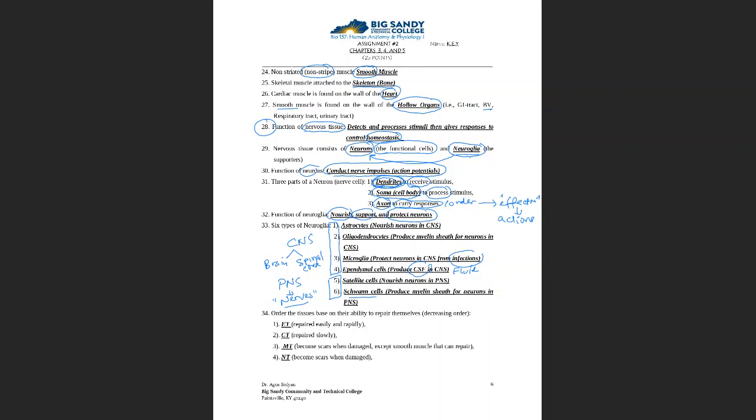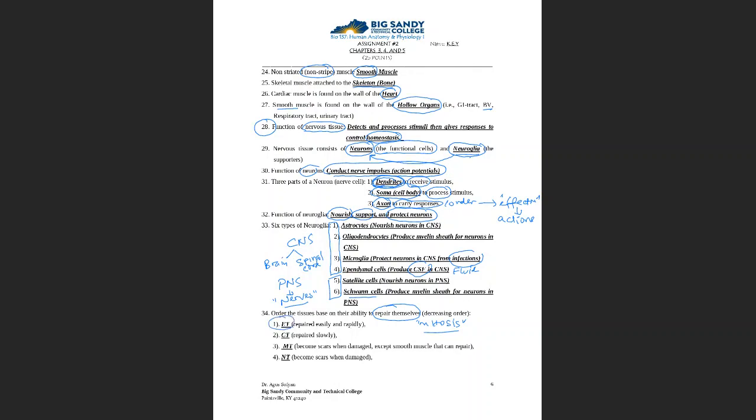Now, if we order the ability of tissue to repair themselves, to perform mitosis, cell division, then the best tissue able to perform mitosis or repair is epithelial tissue, easy to repair.